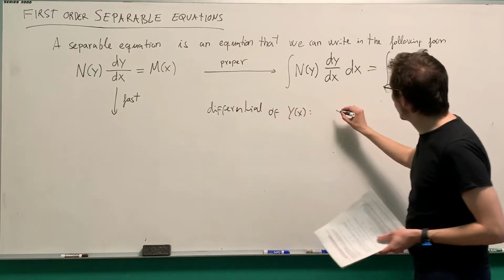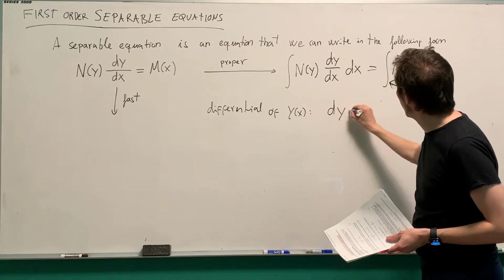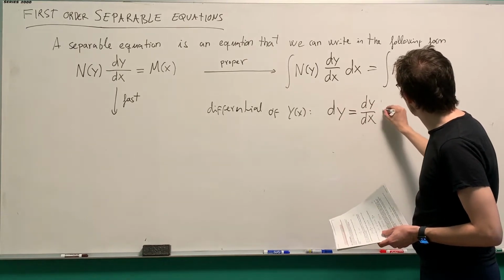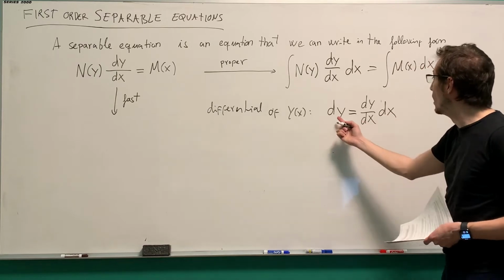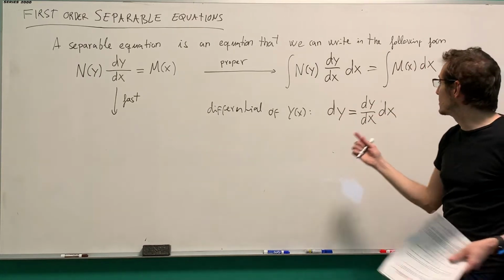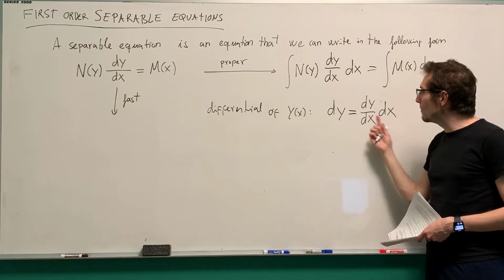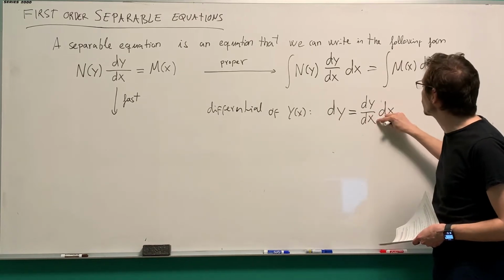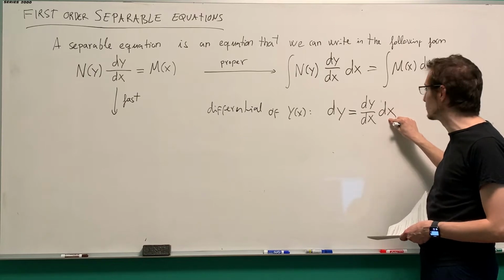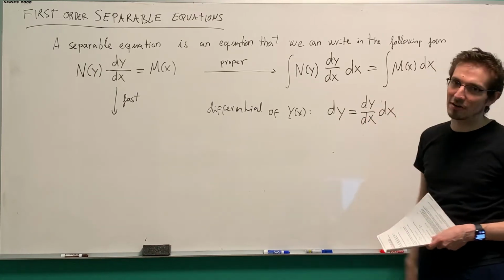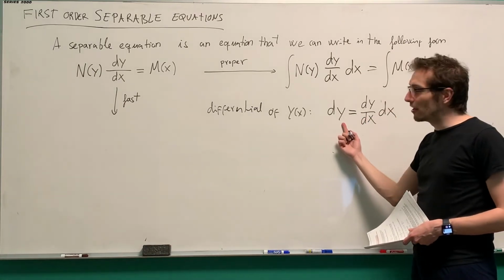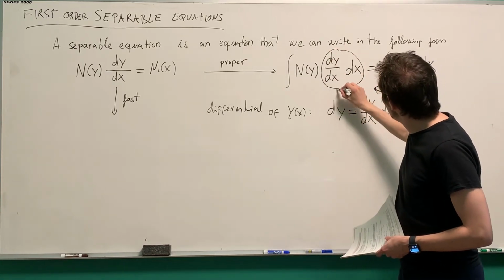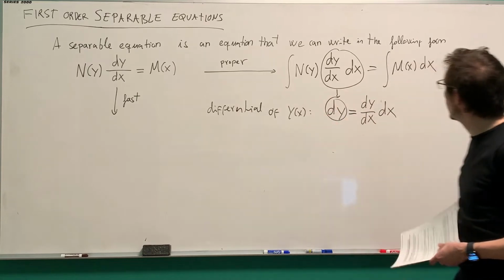What is the differential of y of x? Well, you learned dy is equal to dy/dx, the derivative with respect to x, times dx. This basically tells you, the intuition is, if I increase a little bit x, how much does y increase? Well, just a little bit, but how much? Well, the slope, right? You multiply the slope by the small increase in x, and you get a small increase in y. Anyway, this is the differential of the function y, and look at this thing. This is literally the differential of y.